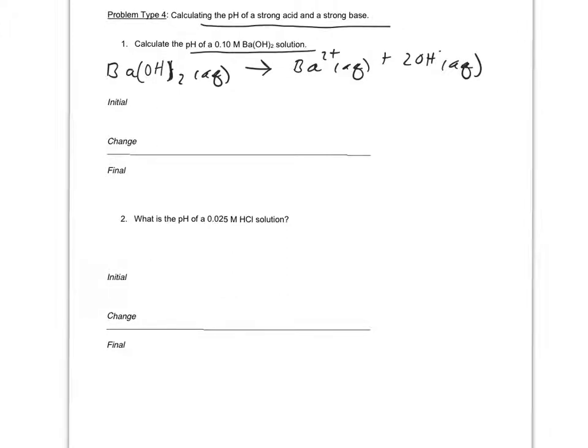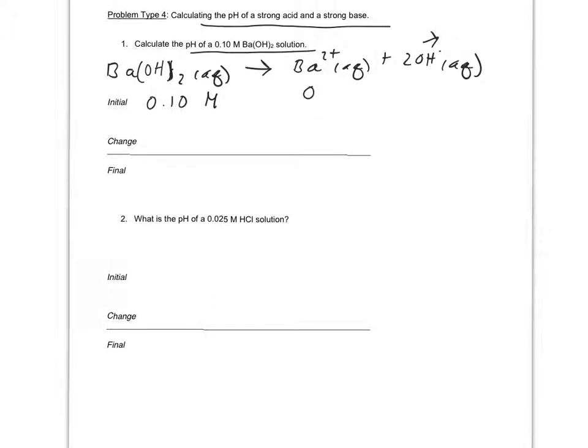So how can we go about calculating our pH here? Well, we want to get the concentration of our hydroxide. From the concentration of our hydroxide, we would be able to get our pOH, and from our pOH, get our pH. So we know initially we have 0.10 molar of our barium hydroxide.